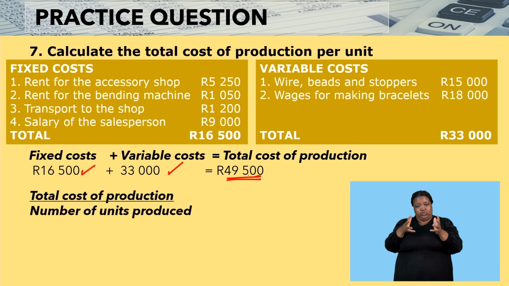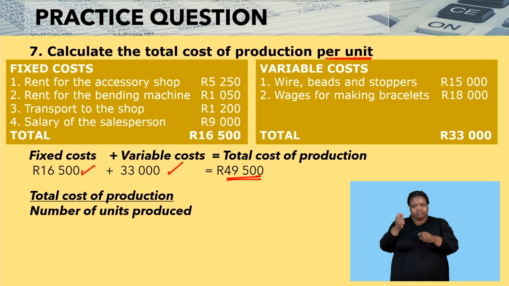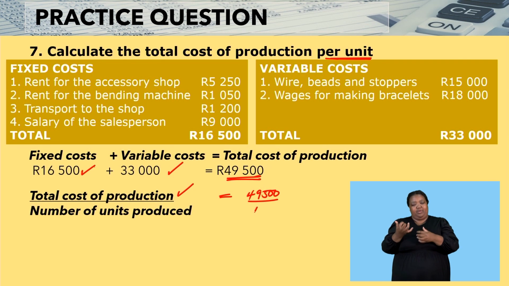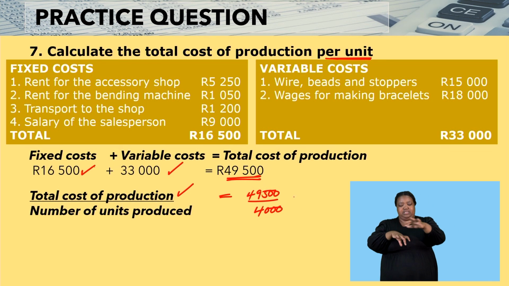And once I have my total cost of production, it becomes easy to calculate the total cost of production per unit. How do I do that? I take my total cost of production, which I've just calculated, 49,500, and then I divide by the number of units produced. Remember, we produced 4,000 bracelets.